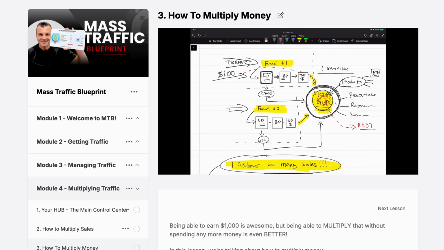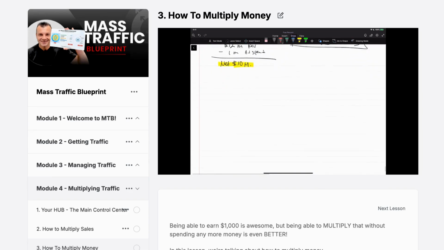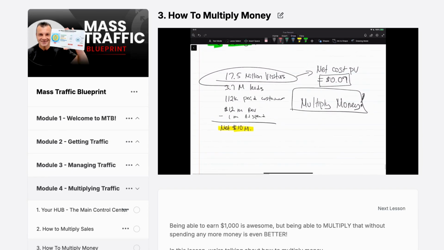And the way that we're doing this is obviously partially because of the hub-centric model that I was explaining to you, okay? But another reason is that we are stacking things. So not only do we have multiple sales, but we're also stacking income multipliers on top of what I already showed you.